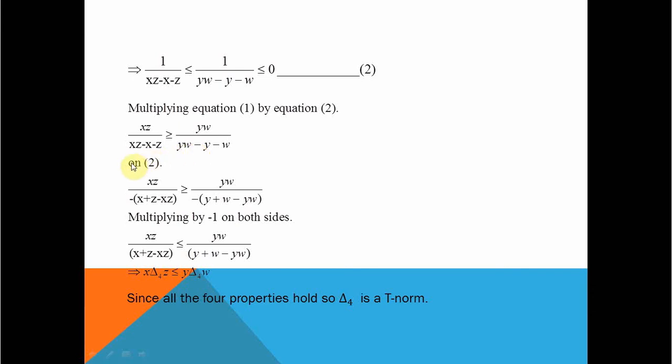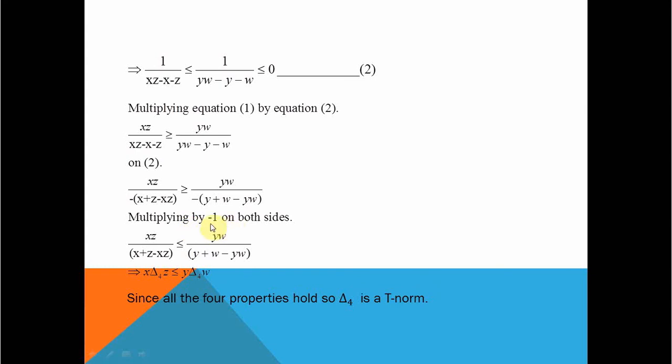Now we multiply by minus 1 on both sides. We take the common minus from the denominators, and then we multiply by minus 1 on both sides. If we multiply by minus 1, we see that xz divided by x plus z minus xz is less than or equal to yw divided by y plus w minus yw.